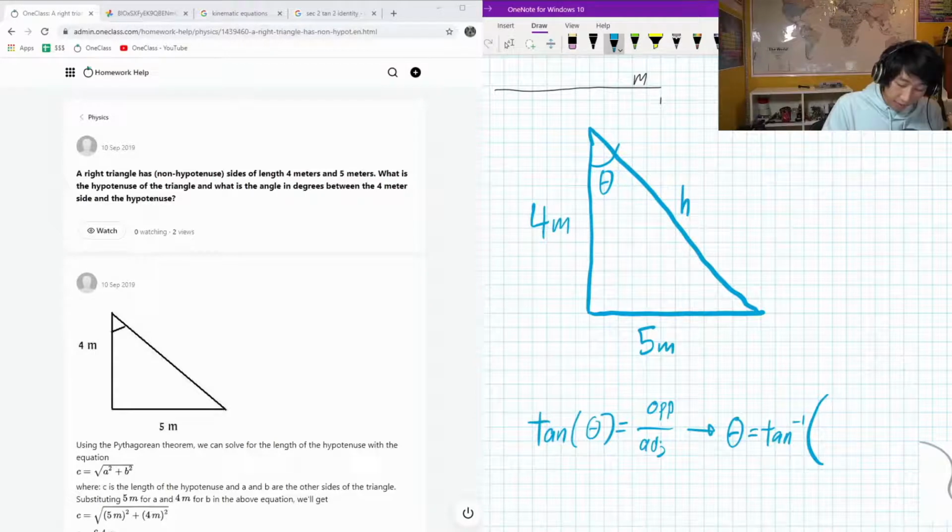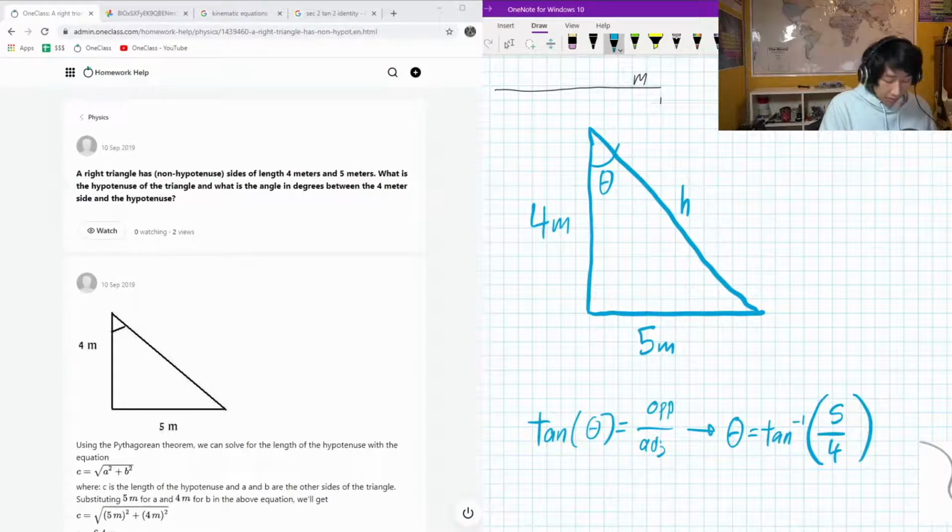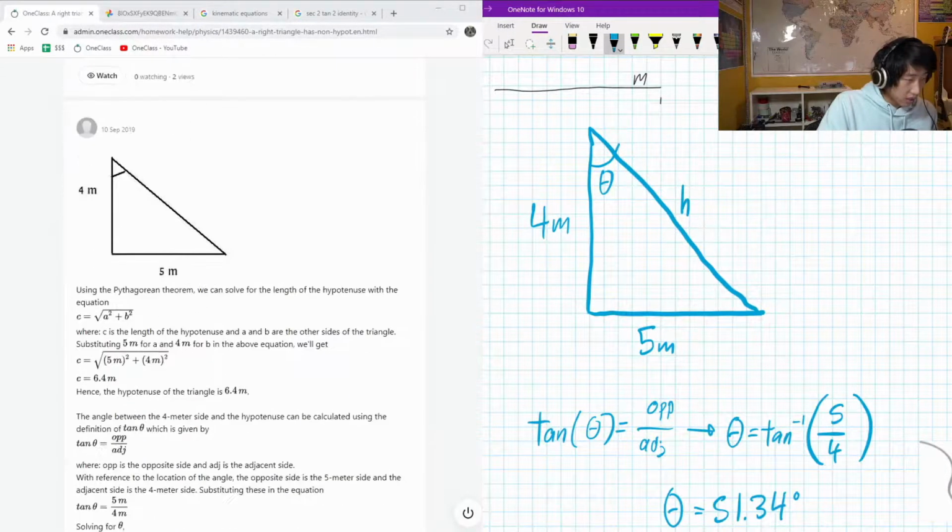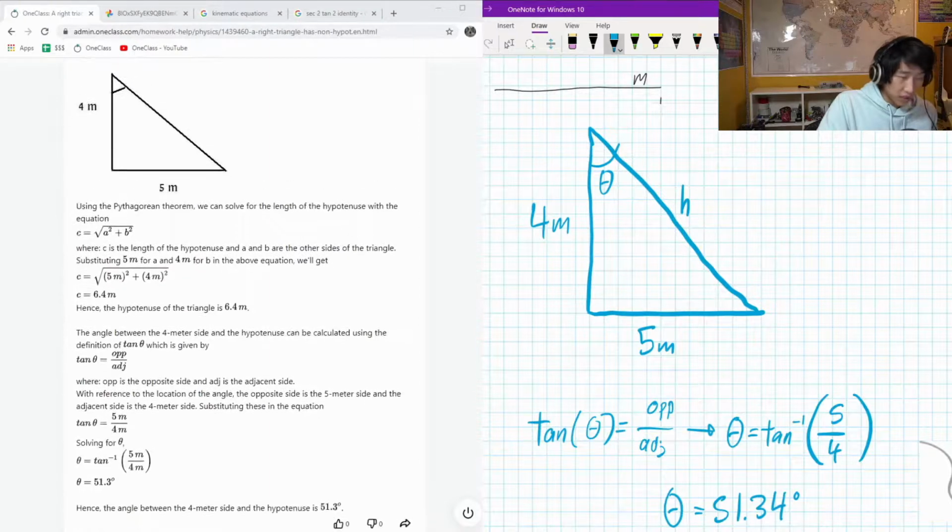Our opposite is 5, our adjacent is 4. So inverse tan of 5 divided by 4 is 51.34 degrees. It sure is. Good job.